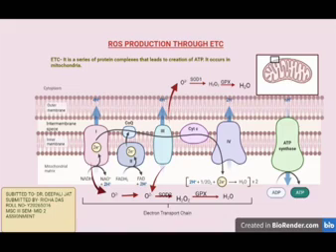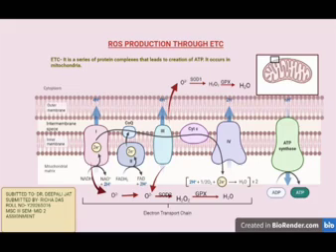Complex 2, namely succinate dehydrogenase, is a component of the Krebs cycle as well as the ETC. FAD is reduced to FADH2 after receiving electrons from succinate and then transfers the electron to FeS clusters. Then Q is reduced to QH2.